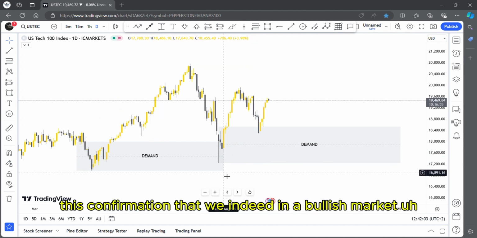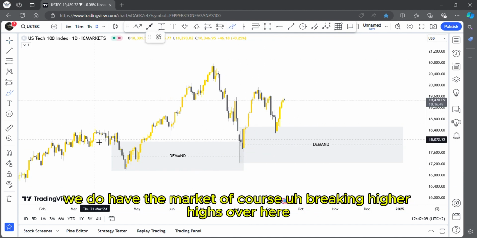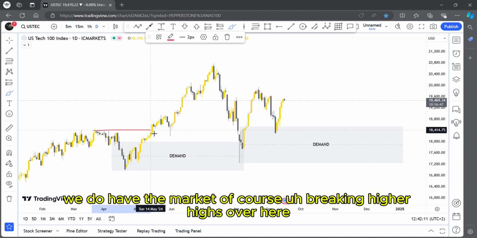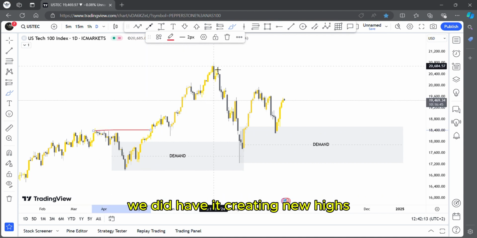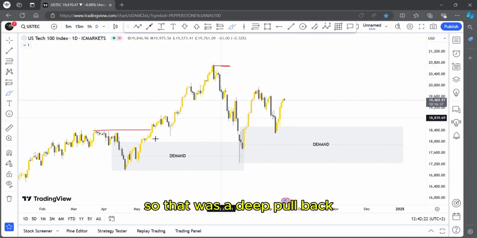Okay, so we're on the daily time frame, and as you can see, and what I was talking about, this is a confirmation that we are indeed in a bullish market. We did have the market, of course, breaking higher highs over here. We did have it creating new highs, but we did have a retest, and it did what we call a deep pullback.